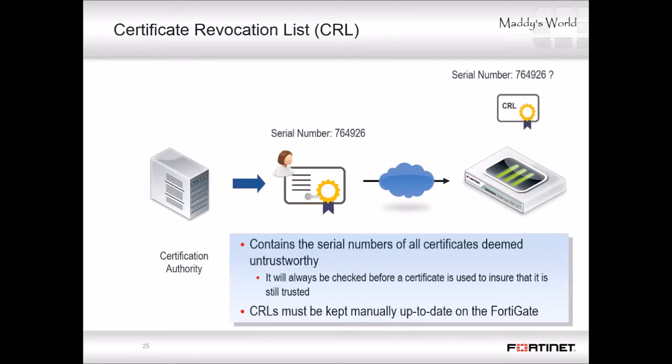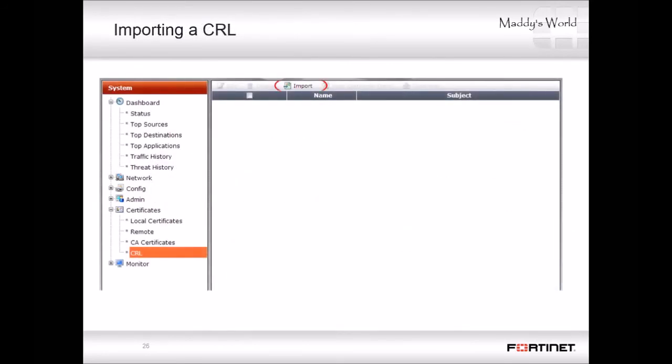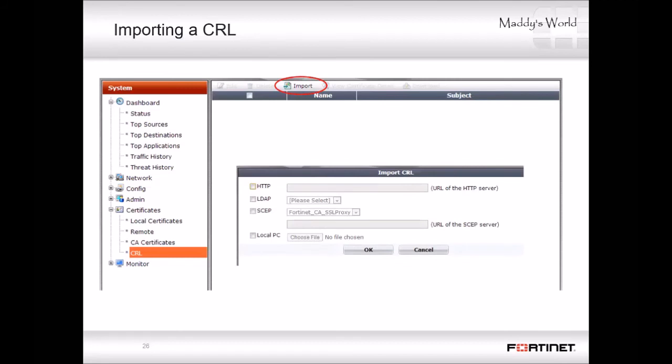When FortiGate is validating a certificate, it will check that its serial number is not listed in a CRL. CRLs must be kept up to date manually by the administrator. We import CRLs under Certificates, CRL in the FortiGate GUI.